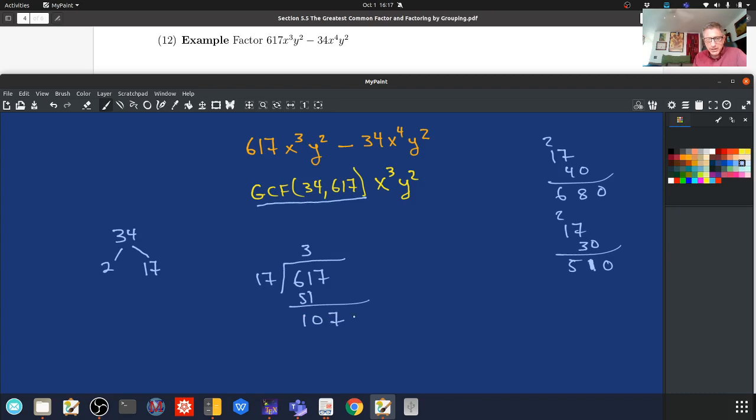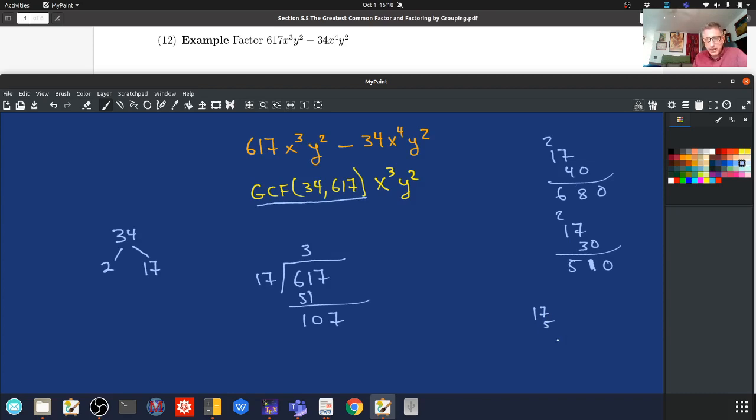107. Is 107 a multiple of 17? Well, I know that 510 divided by 17 is 30, so I know the answer here is going to be greater than 0. Well, let's try it. 17 times, let's try 5.